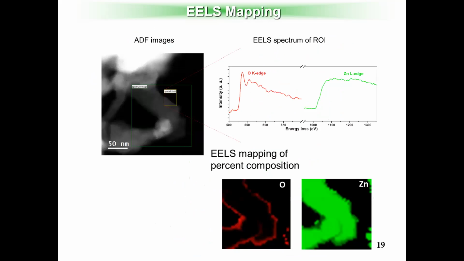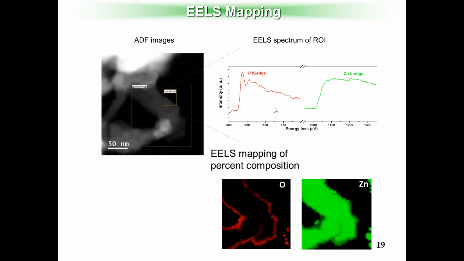So this is another example of the EELS mapping of our battery material sample. In this case, it's a zinc metal. So we can see that in our electrodeposited zinc metal, we have kind of the zinc core, and we also have some oxide layers as the SEI. We do a mapping right on this location and this location, and then you can analyze the spectrum.